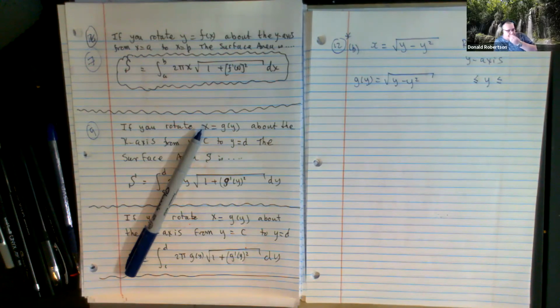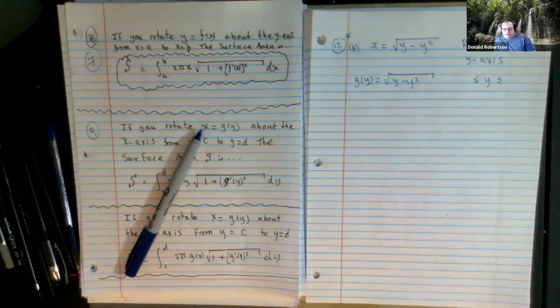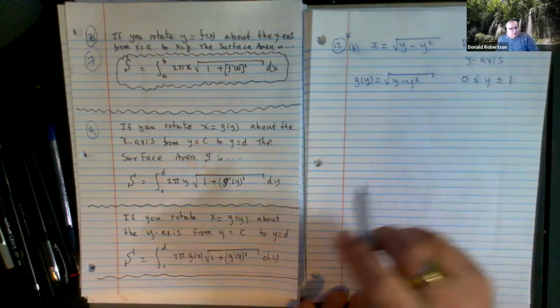In fact, someone sent me an email with a question where the same thing happened. It happened with x's. And he wanted to know why the limits of integration were 0 to 1 when there was no mention in the question of 0 to 1. And this answer is 0 to 1.